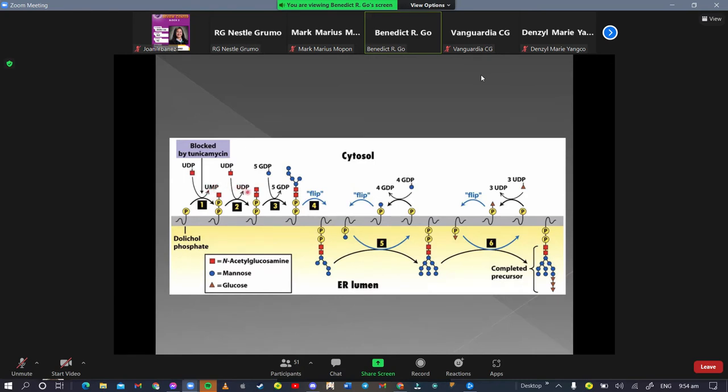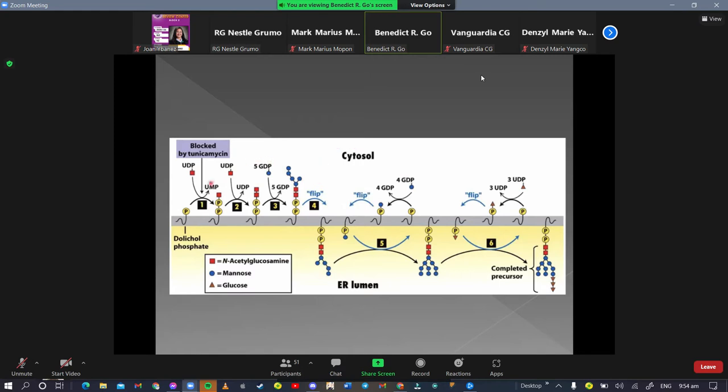But in the second step, what is donated is purely GlcNAc. The first phosphate is from dolichol phosphate itself, but the second one is from your UDP-GlcNAc. The third step and so forth are just the addition of additional mannose residues in the cytosol.